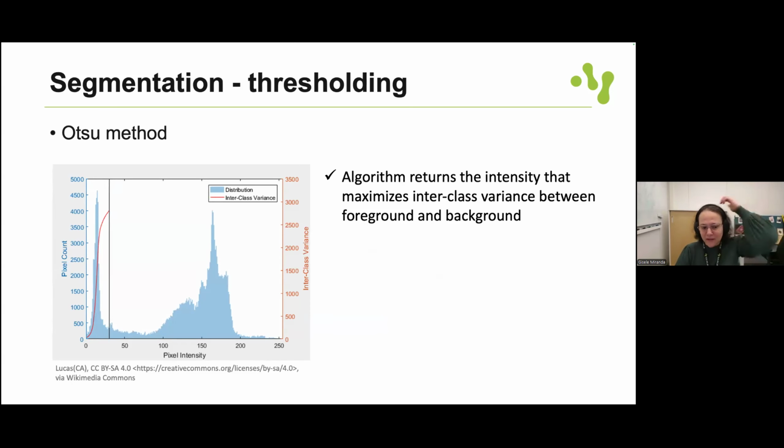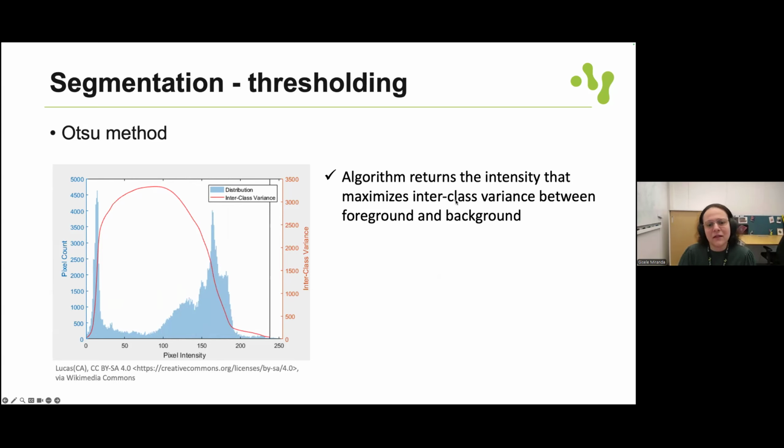Otsu is very common. It's a method that tries to maximize the interclass variance in relation to the intraclass variance. Here, for instance, we have a histogram, and for each pixel intensity, we calculate this interclass variance.